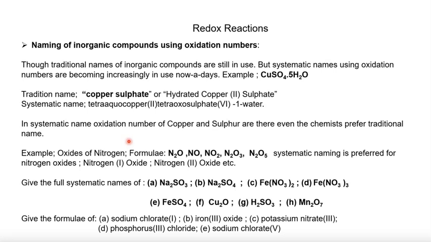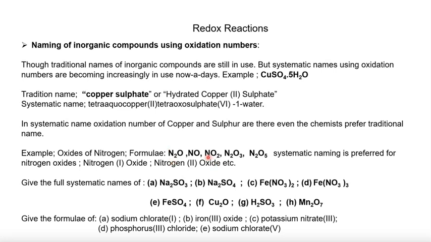Well, now also, there are many oxides of nitrogen. Examples are this. These are all oxides of nitrogen. It is always preferable that naming of this sort of family of compounds be done by systematic name. For example, here we do not say nitrogen oxide, we say nitrogen 1 oxide using the oxidation state of nitrogen.